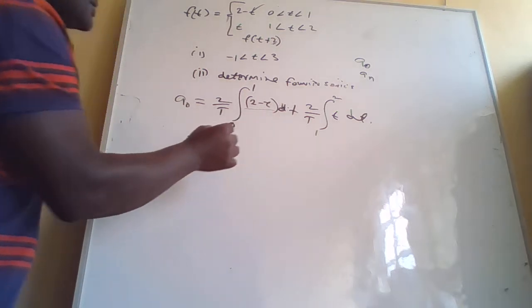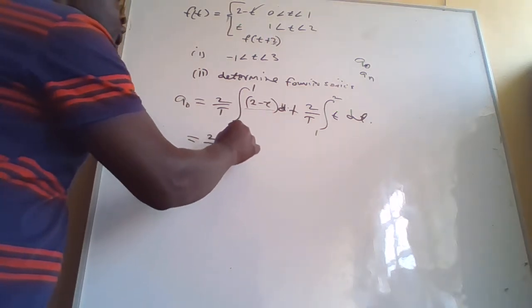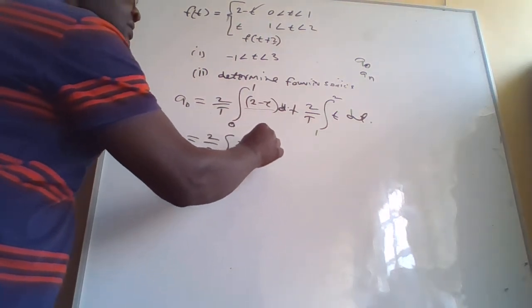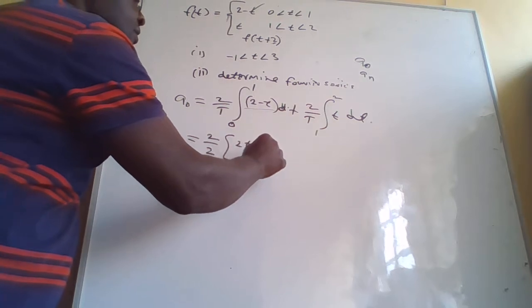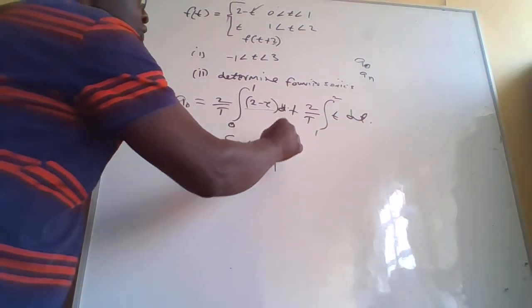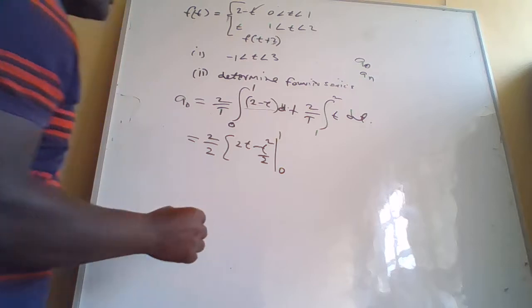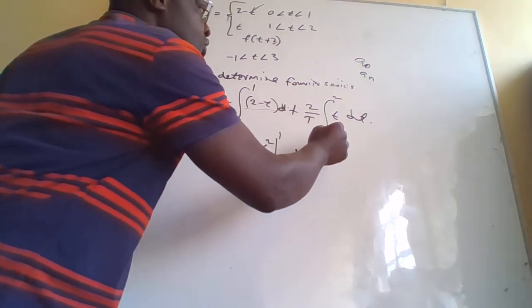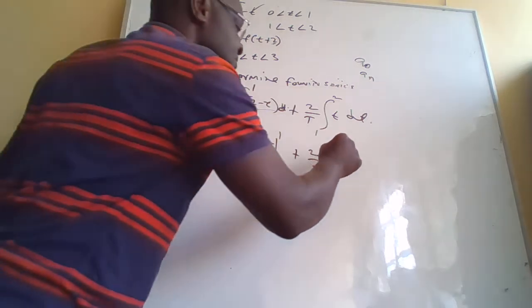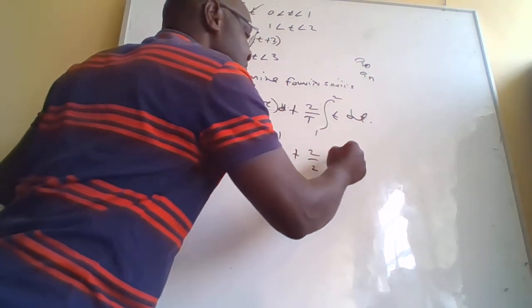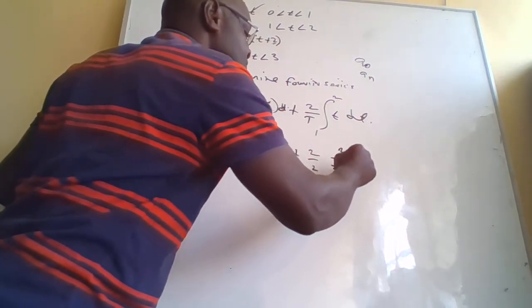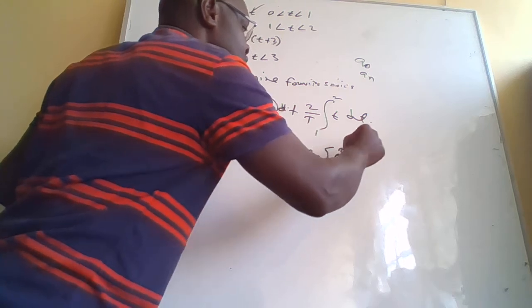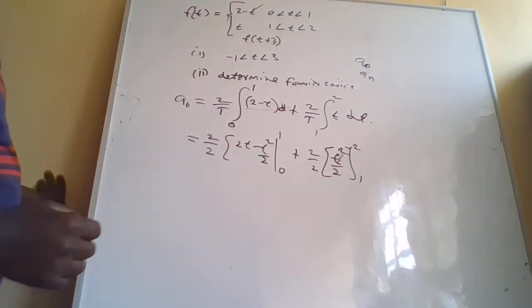Then when you integrate this, you get 2t minus t squared all over 2, from 0 to 1, plus 2 over 2. When you integrate t, you get t squared all over 2, with that given limit.